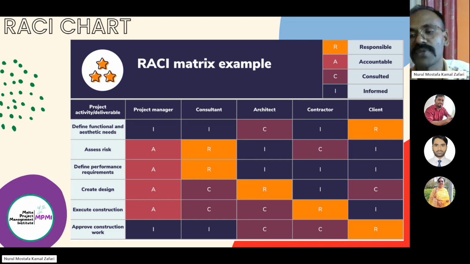He needs to inform the contractor because he will supply the things, and the client will be responsible for this. So this is the RASI chart. You can draw a RASI chart using software, or you can draw your own diagram.